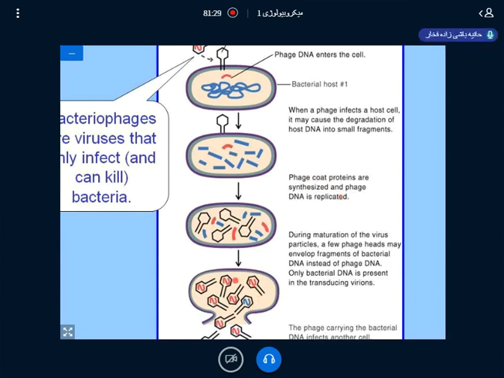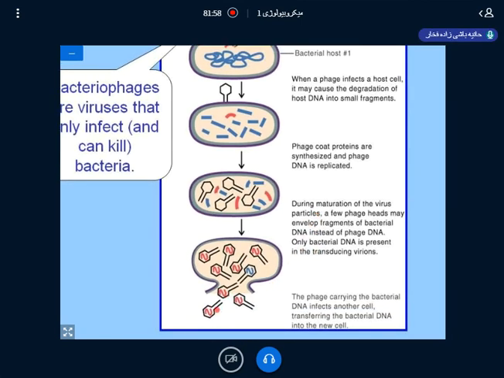During assembly of virus particles, a few phage heads may envelop fragments of bacterial DNA instead of phage DNA. Only bacterial DNA is present in the transducing particle. And finally, the new phage with this DNA infects another cell and transfers the bacterial DNA into the new cell.